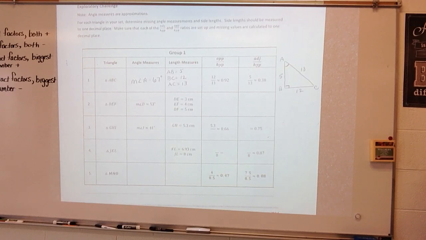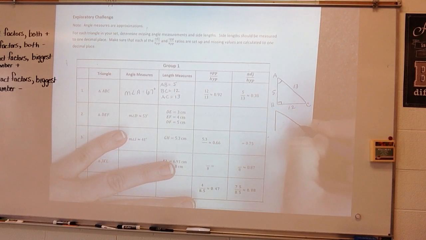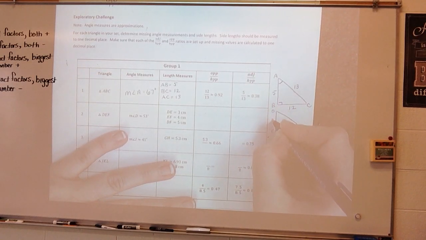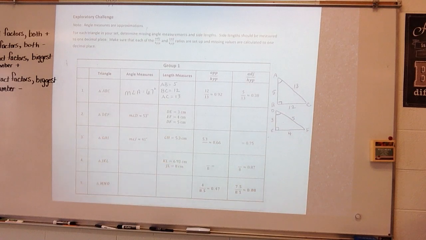Let's look at triangle DEF. This time they give us the measure of an angle, and then they give us our side lengths. So we have triangle DEF. It says that DE is 3, EF is 4, and DF is 5. And we are looking at in reference to angle D, because that's the angle it gives us.